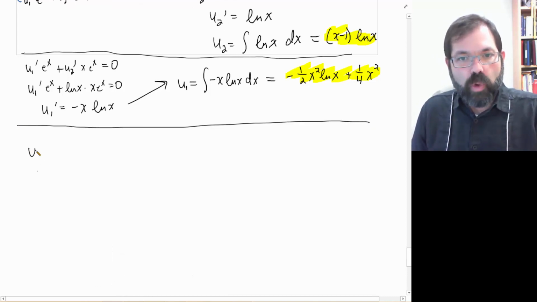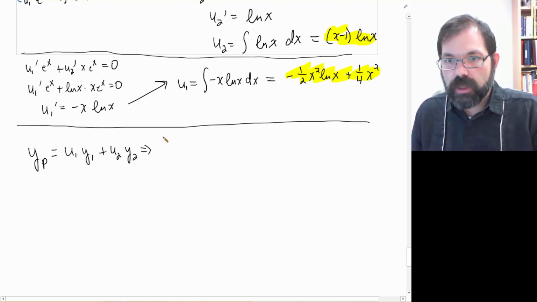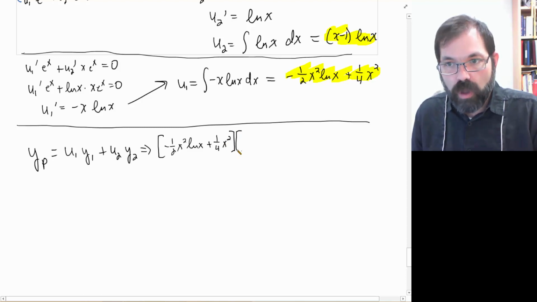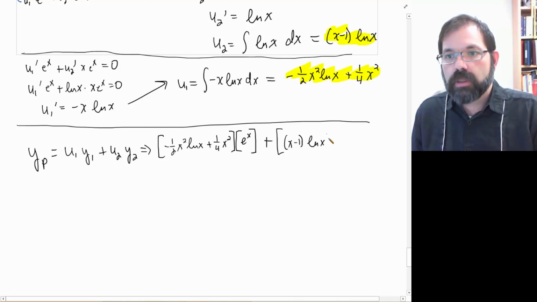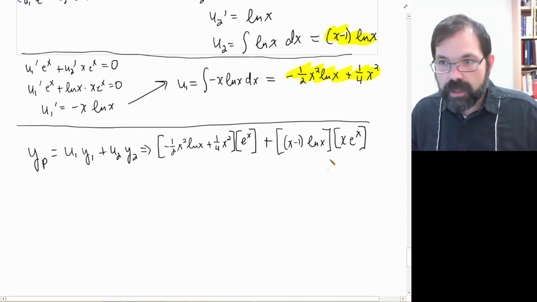All right, so remember that then the y sub p is u1 y1 plus u2 y2, and so then u1 is negative 1/2 x squared natural log x plus 1/4 x squared times y1, and our y1 was e to the x, plus u2, so that's (x minus 1) natural log x, times y2, which was x e to the x.